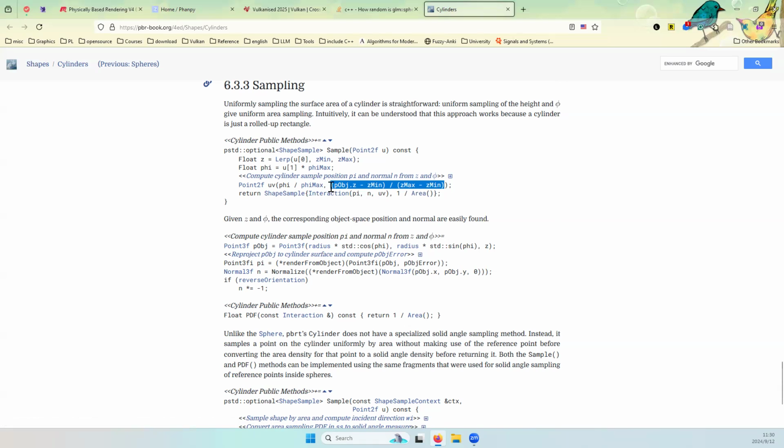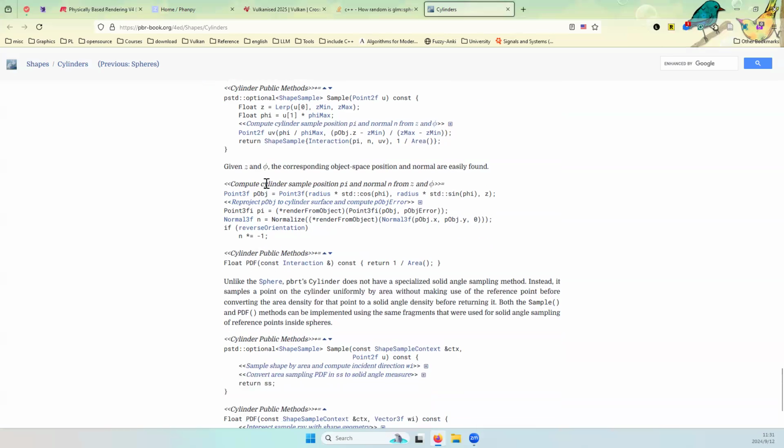We do this kind of calculation all the time, actually. Given the height and phi, the object space position and normal are easily found. Oh yeah, sine, cosine.